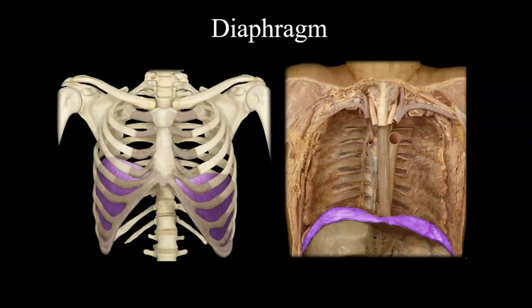Eventually enough air rushes in that now the pressure inside of the cavity increases, so air can't rush in anymore. So the entire basis behind the diaphragm is to regulate the size of the thoracic cavity, specifically that of the pleural cavity, because that impacts how much air we breathe in and we breathe out.